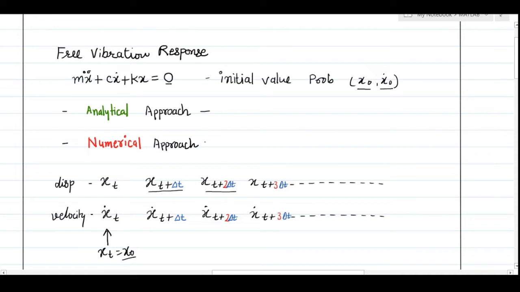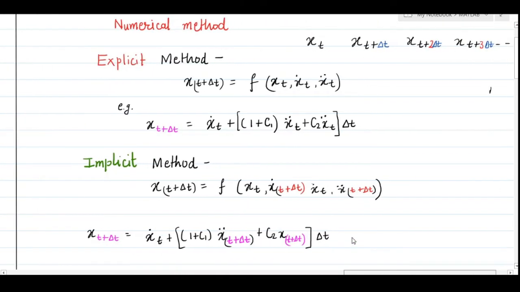So in numerical approach, you have two types. One is the implicit technique and the other is the explicit technique. And what is the fundamental difference between implicit and explicit? In case of explicit approach, you consider the previous time step to get the response for the current time step.